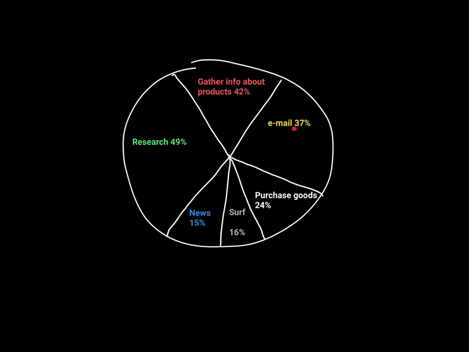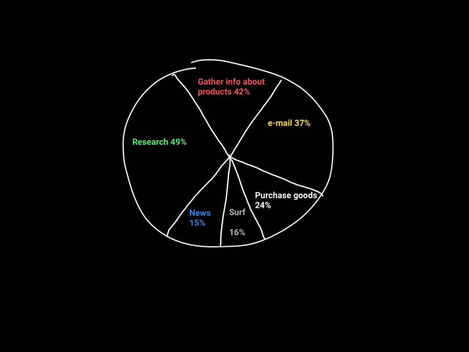So 37% say they use the internet for email, 42% say they use the internet to gather information about products, 49% say they use the internet for research, 15% of Americans use the internet for news, 16% say they just surf the internet for news sites, and 24% say they use the internet to purchase goods.